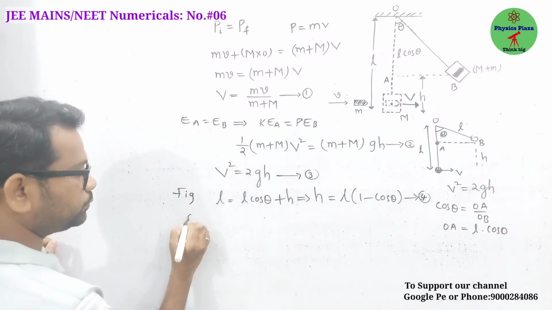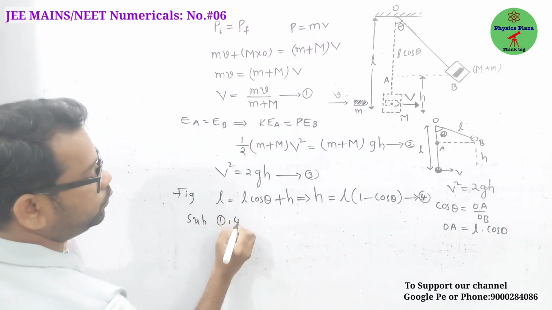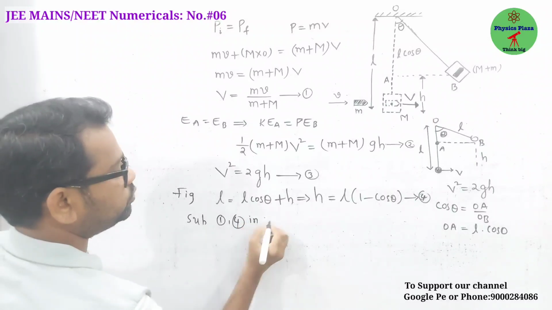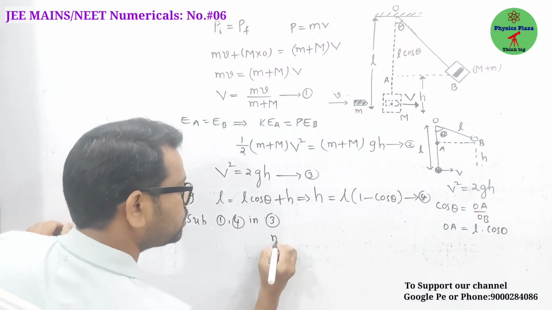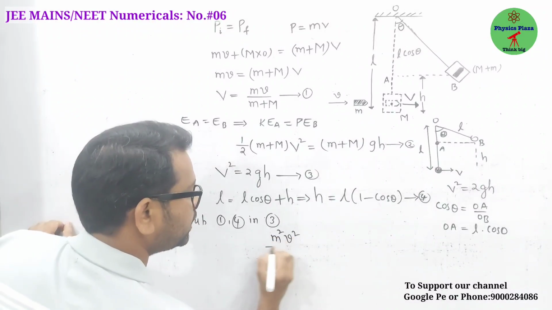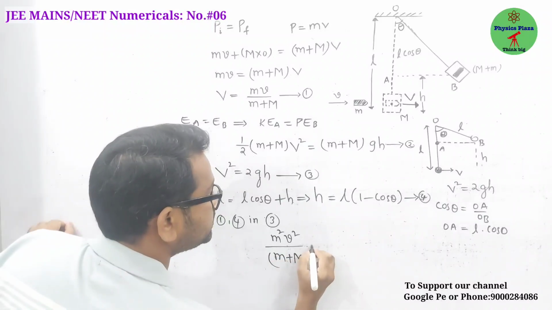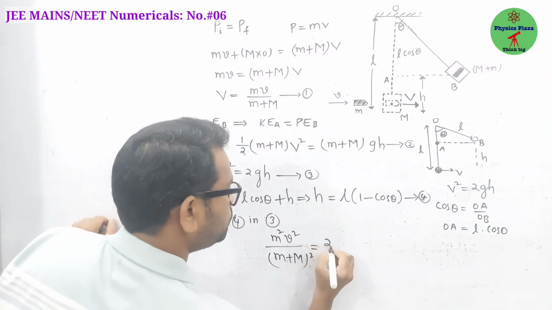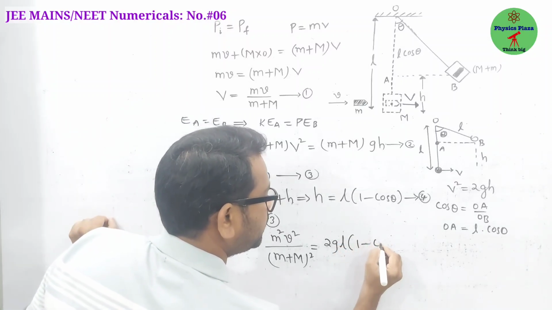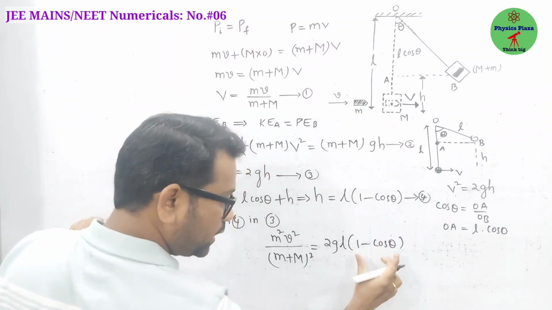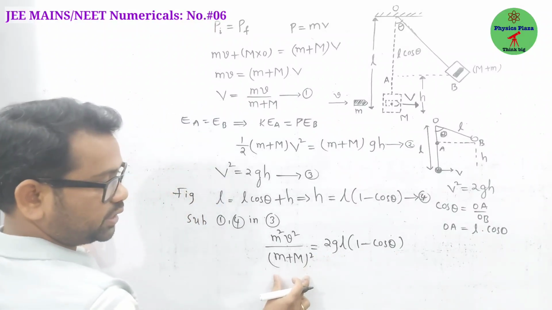So substitute 1 and 4 in 3. In the place of v square, if you write this one, it is going to be m square v square by m plus m whole square, which is equal to 2g. In the place of h, we write L into 1 minus cos theta. As we need cos theta, we take 2gL to the left side.